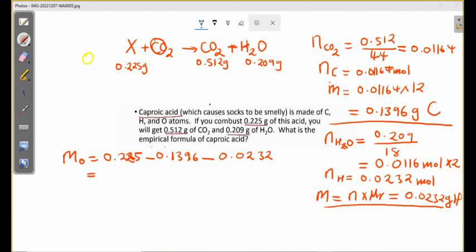Now let's find the number of moles of oxygen. The number of moles of oxygen is that mass divided by 16. What do you get?